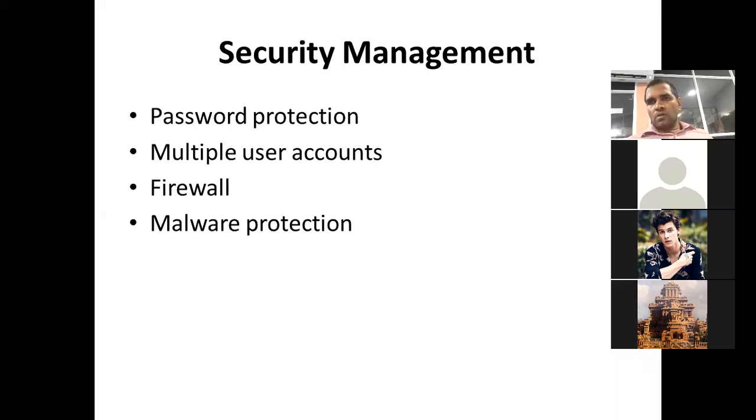Others cannot. So that is a kind of protection. So that password protection is available in operating system. You have to set the password in a specific part of your operating system, right? That is password protection. Second one, multiple user accounts.